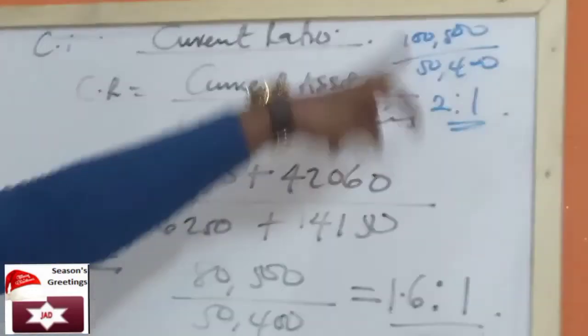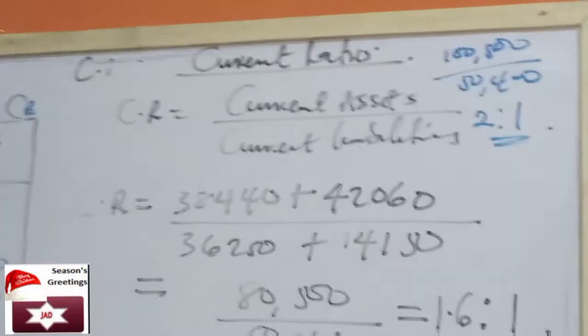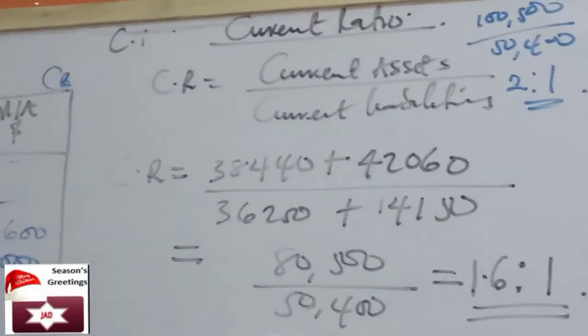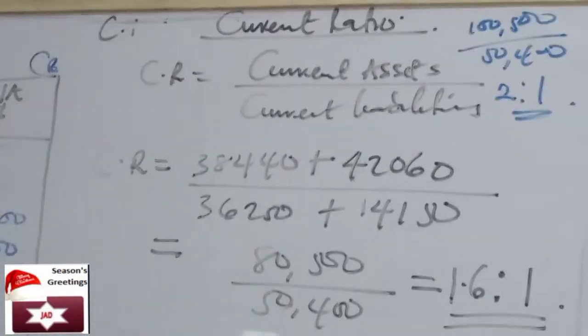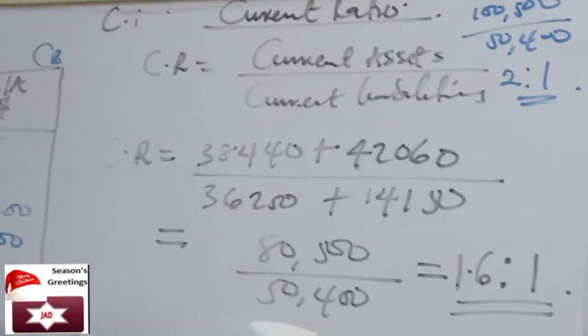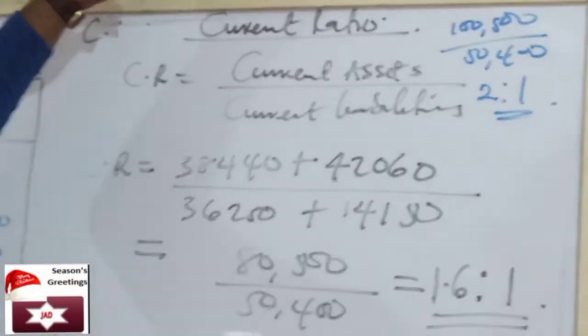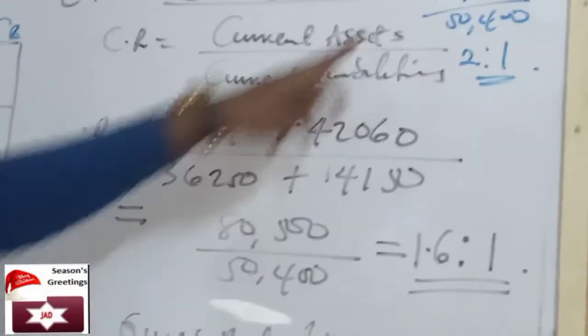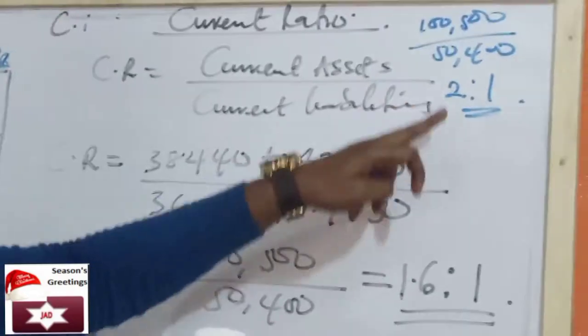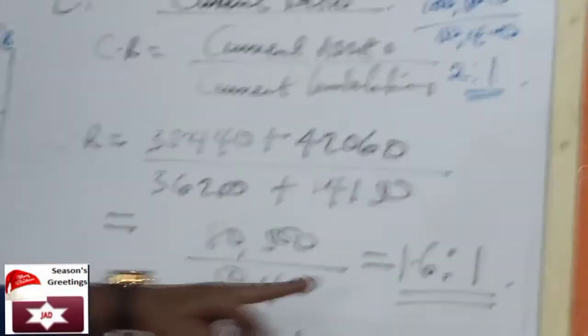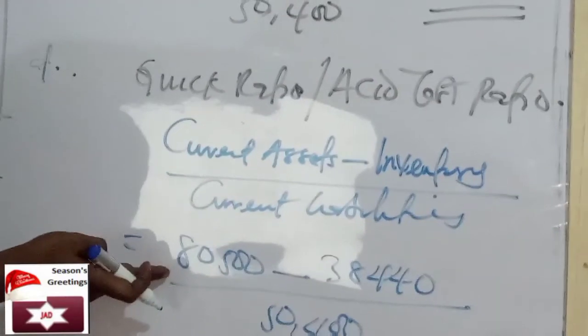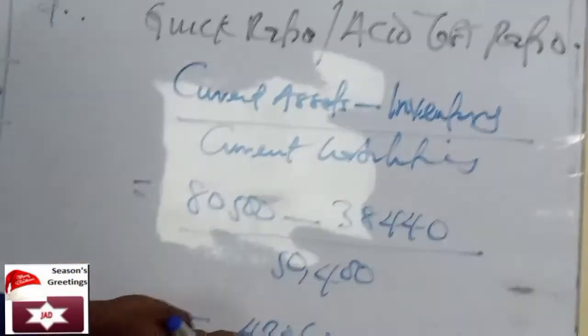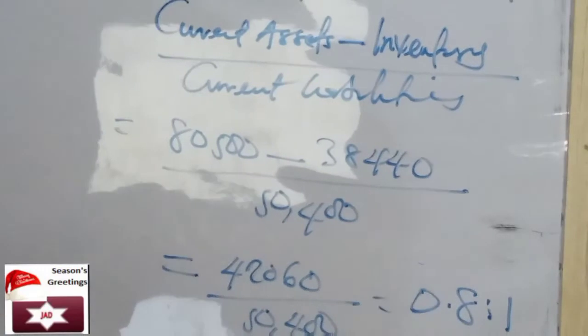So if we introduce additional cash as capital, current asset will improve. If we are introducing $20,000, current assets will increase to 100,500. So our current ratio will improve from 1.6 to 2:1.